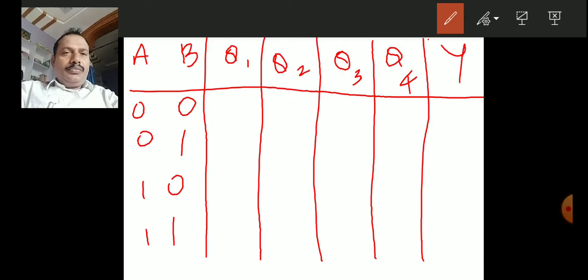For 0 0, Q1 is conducting, Q2 is off. When Q2 is off, Q4 is also off. That you have to remember. Q1 is conducting and Q2 is off. This Q2 emitter is driving Q4.